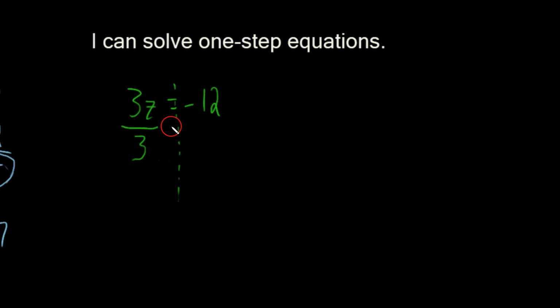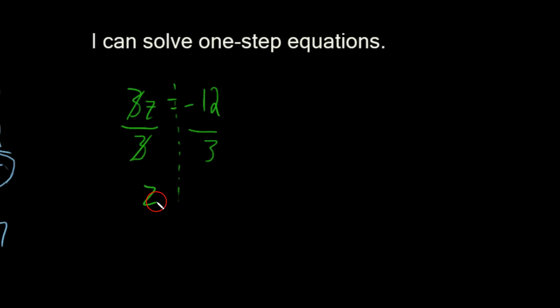And again, if you do that on the left side of this dotted line, you need to do it on the right side of this dotted line. So let's also divide this by 3. Well, we know 3 divided by 3, those undo each other. So 3 divided by 3 is 1. So we technically could write 1z right here, but the 1 doesn't really do anything. 1 times z is just z. So let's be more concise.